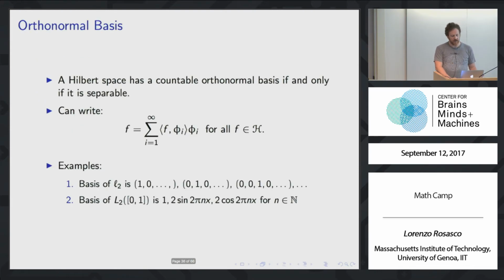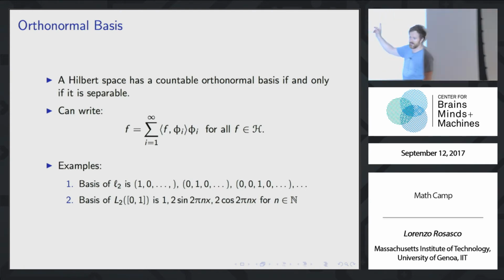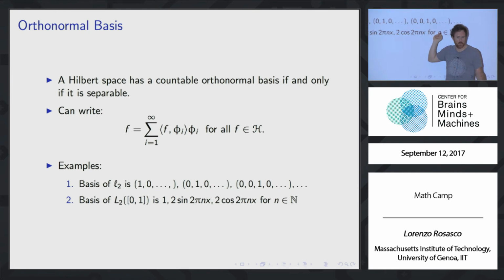So what are examples of spaces with orthonormal bases? We're going to take the canonical basis, the usual one. If you consider infinite sequences, we're going to consider the canonical basis as the prototype example. As you know, there is not just one; you can rotate and you get another one, and so on. This is just one example to keep in mind.